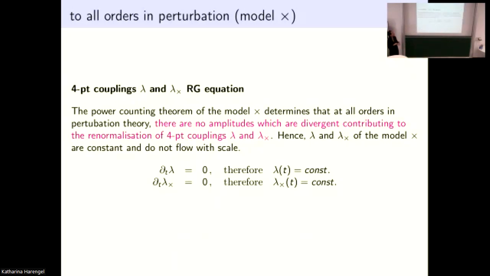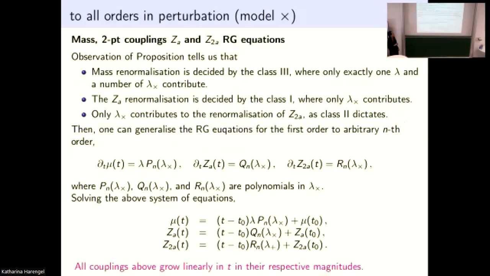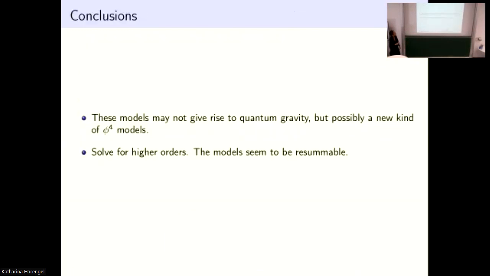You can do this to all orders again, but the behavior stays basically the same as in the one-loop case. The couplings stay constant, and these P, Q, R are just polynomials again, but they grow linearly in T in this magnitude.